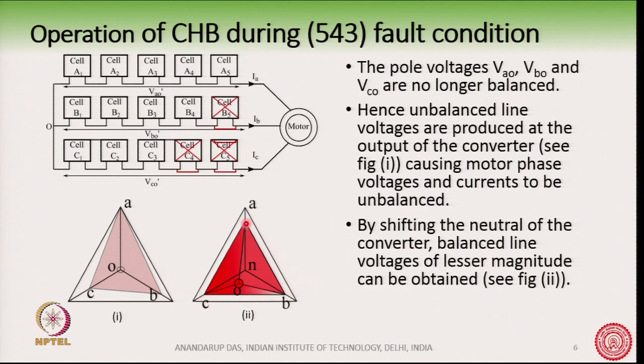This is the balanced line voltages, and these are the 3 unbalanced pole voltages, whose magnitudes are different and whose angle is no longer 120 degrees. It is a different angle.